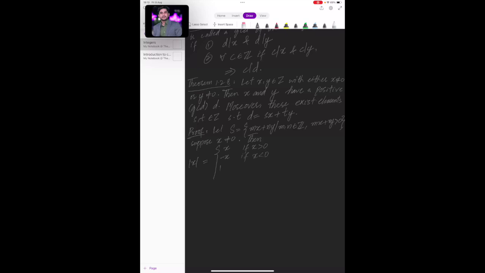It can be 1x plus 0y if X is greater than 0, and minus 1x plus 0y if X is less than 0.